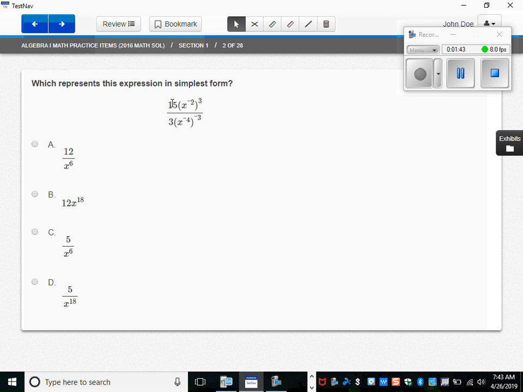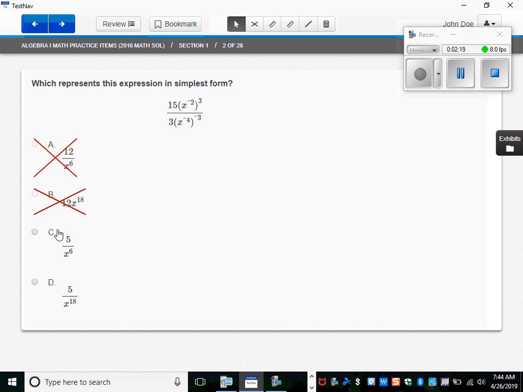Now, in question 2, I'm just going to walk you through the steps, so you'll just need to listen. First thing I would do is, and it's really up to you, if you want to take care of these big numbers on the outside first, or you can take care of your exponents first. But sometimes just even doing 15 divided by 3, which we know is 5, and if I was using my elimination tool, I would definitely eliminate this and this right away, because that doesn't even have a 5 in it.